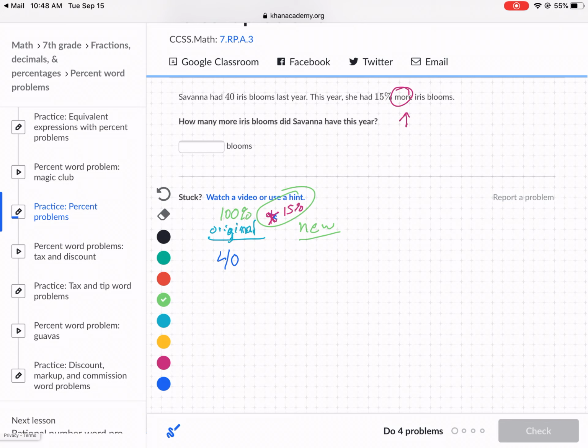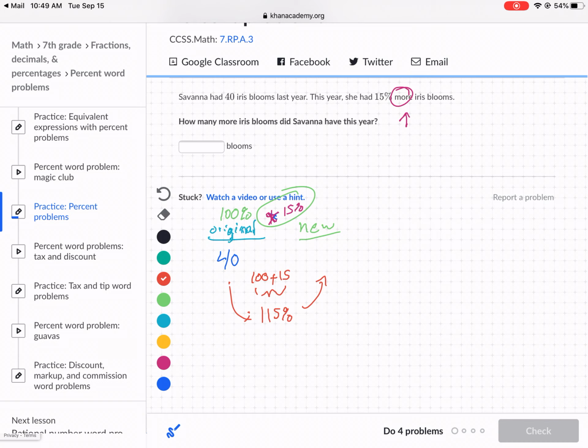If we start with the base amount, that's 100%, and we either go up or down from 100%. So if we add 15% more, we're adding 15% to 100%. So 100 plus 15 is 115%. The new amount is going to be 115% of the original amount. That's an increase of 15%.